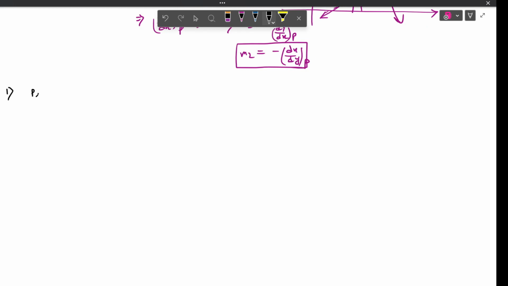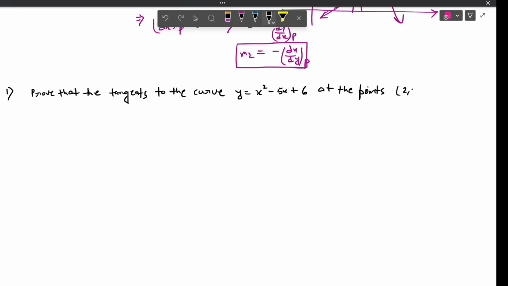Prove that the tangents to the curve y equals x square minus 5x plus 6 at the points (2, 0) and (3, 0) are at right angles.